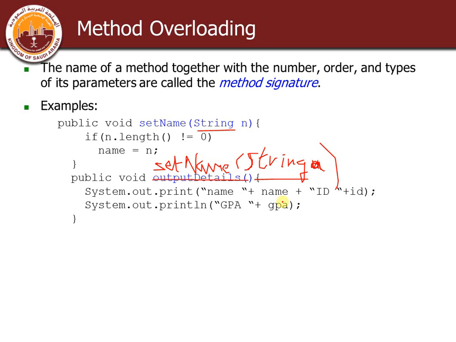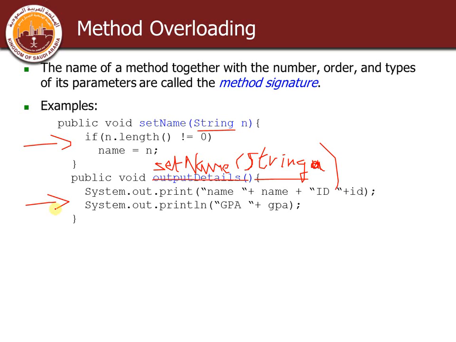If you are the compiler and you have two methods with the same name and both of them take a string, only one, how will you distinguish between them, if I tell you this dot set name, which one are you going to execute, this one or that one? So the compiler needs to have something to differentiate between the two methods, even if they have the same name.